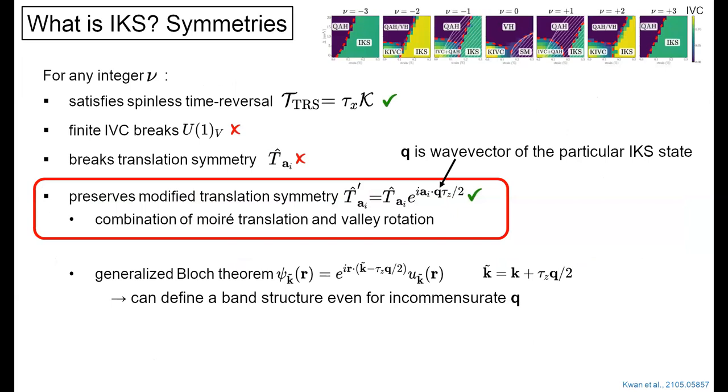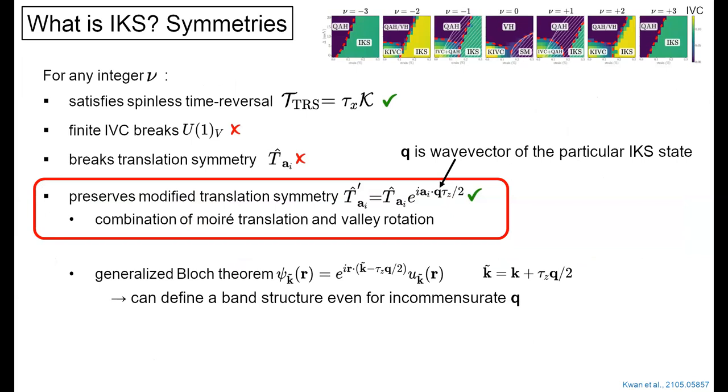So what is this IKS state? Well, it has a particular version of time reversal symmetry. It breaks U(1) valley symmetry, meaning it has a superposition between the two valleys, which means it's going to have this k minus k prime wave vector, or tripling of the cell.